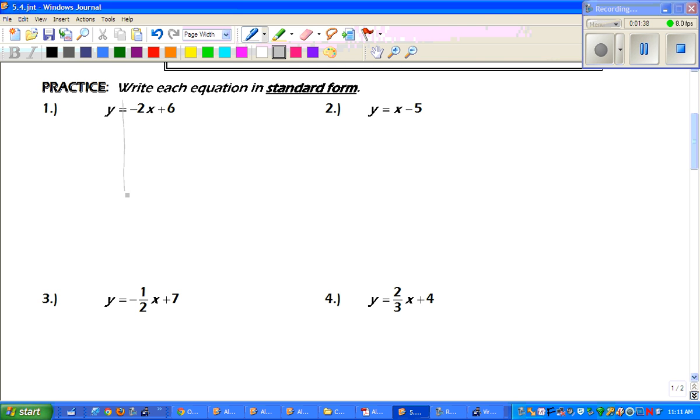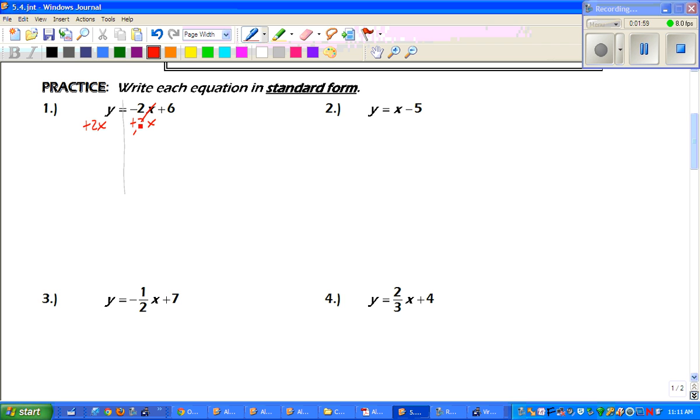I need the x and the y on the same side. Are they on the same side? Nope. So we are going to move the x, because one of the rules is that the x has to be positive.